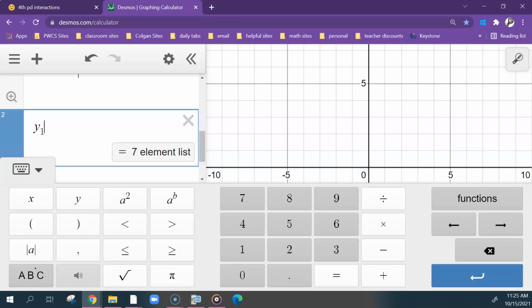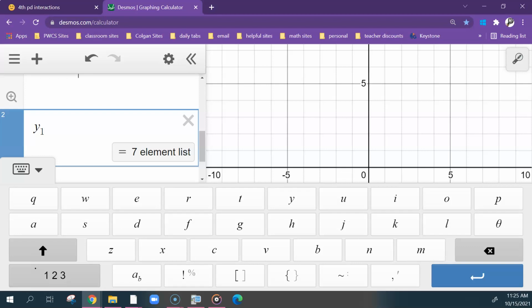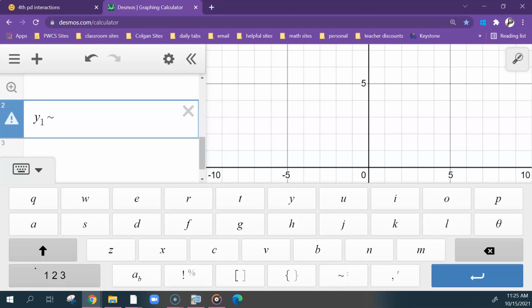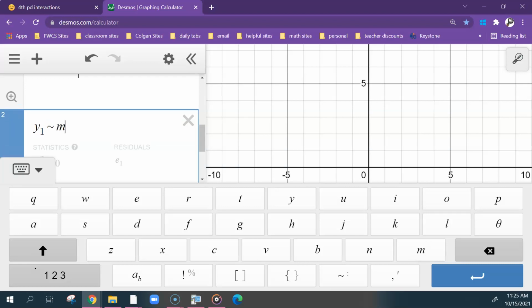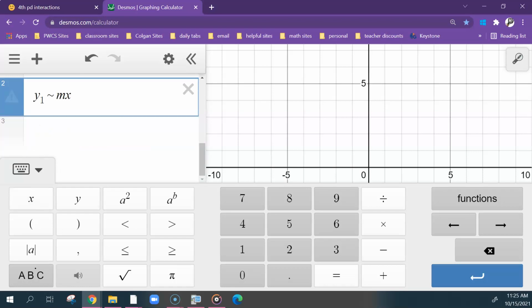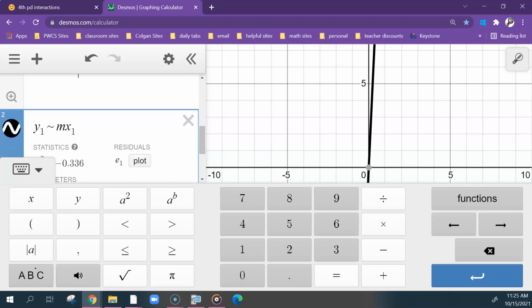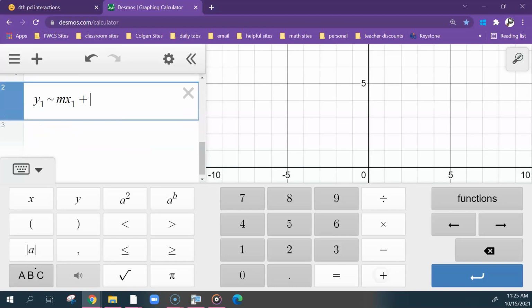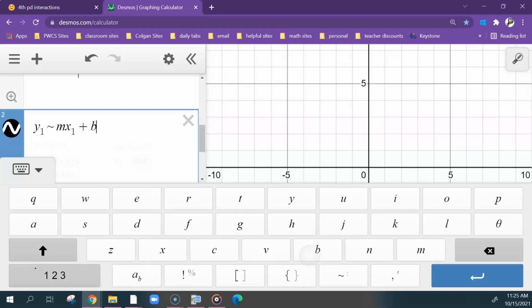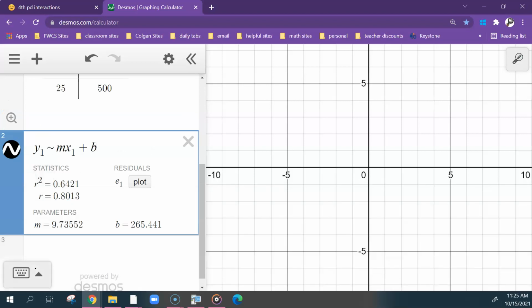And then instead of equals, if you go into the ABC, you're going to use this symbol, the squiggly line, it's called a tilde. And then m, x1, and then plus b. So y1, the tilde, m, x1 plus b. And when you put that in, it gives you your slope and your y-intercept.